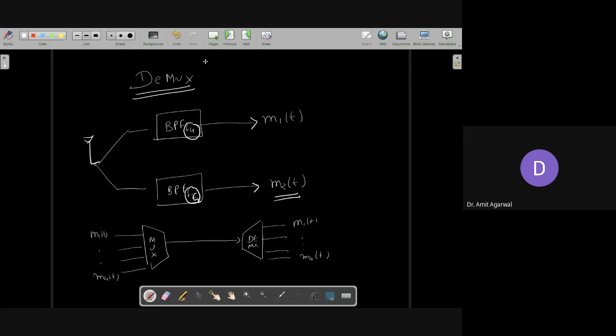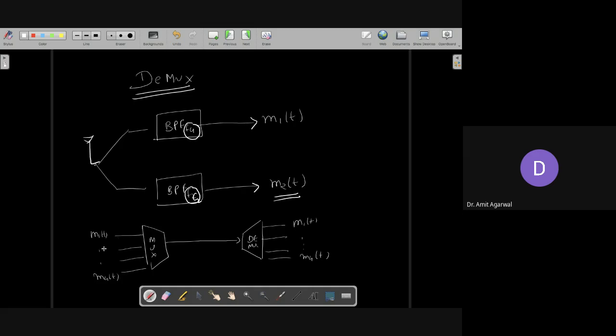So a communication medium can be shared by more than one signal. We use this process so that we can effectively utilize the capacity of the available channel, and this is called multiplexing. This is one method of doing multiplexing, called frequency division multiplexing.